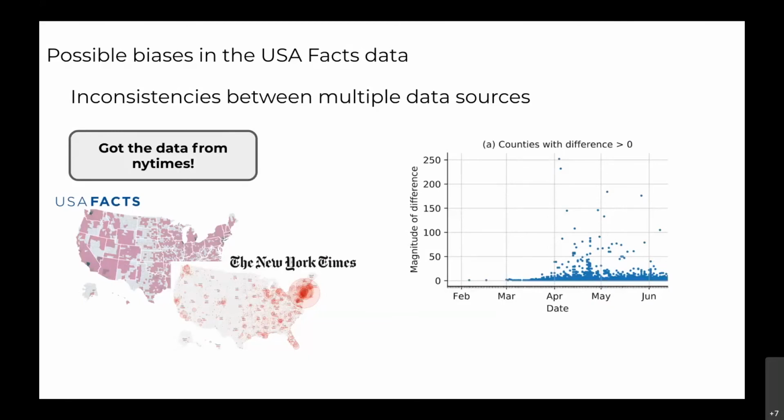In this plot, each dot corresponds to one county at a particular day, and the y-axis shows you the magnitude of the difference between USA Facts and the New York Times. Most of the differences are pretty small, within 50, but sometimes the difference can be as large as 250.